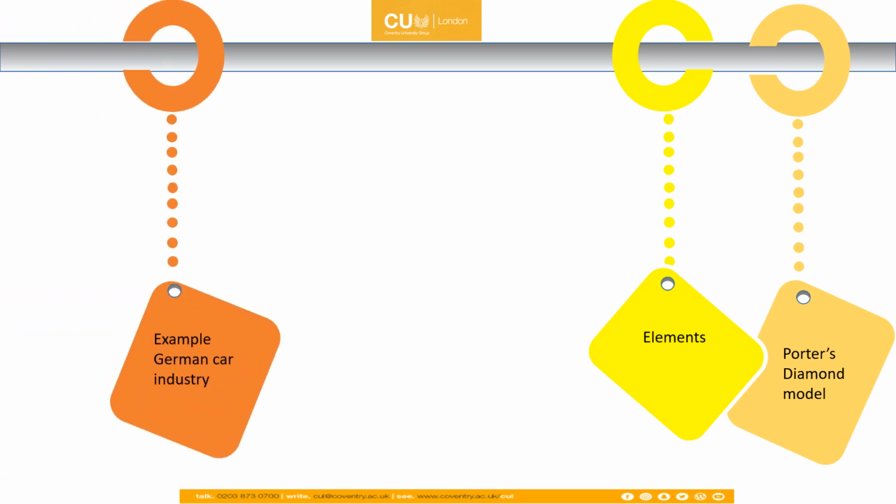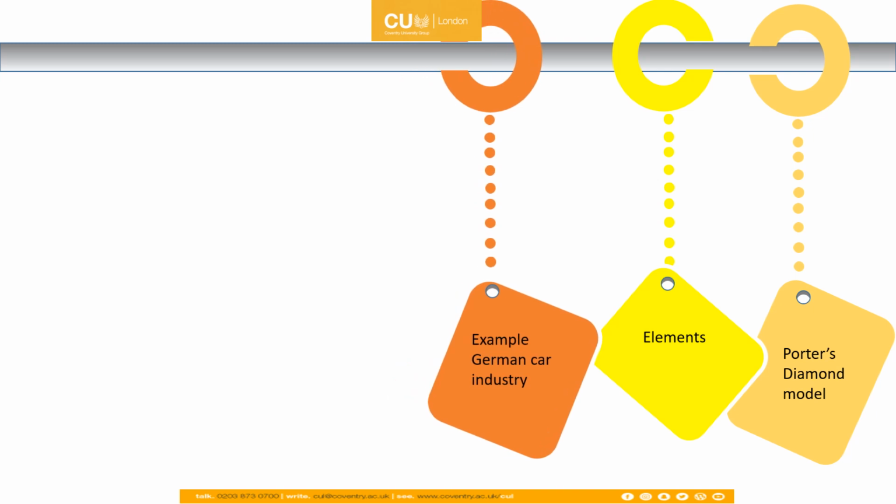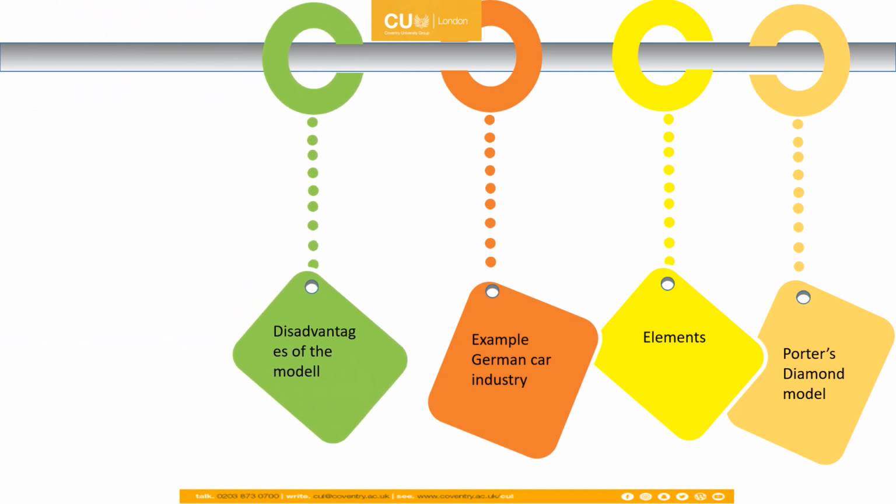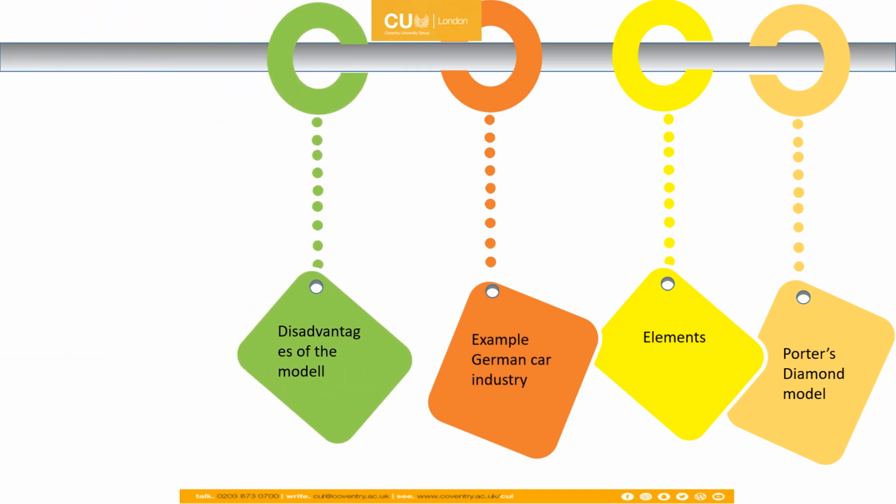We've broken these elements down, and we've seen that we're not talking about the individual elements, but about all the elements working together to give a nation a competitive advantage. We've looked at the example of the German car industry. We've reviewed some of the disadvantages. It's always good to see the other side of the coin and not always take things at face value.